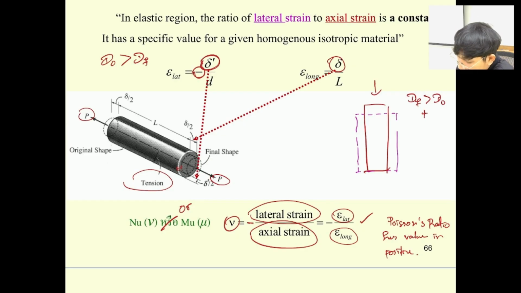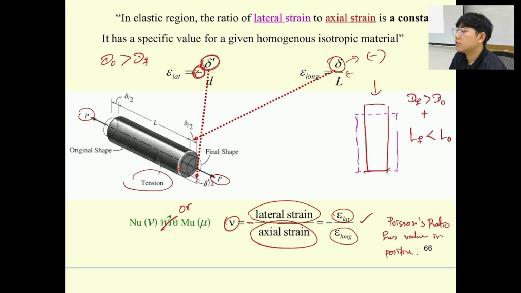But the length in the longitudinal direction, Lf is going to be smaller than L0, which means the deformation over here is going to have a minus sign. So whether you put the minus here or here, it is going to be the same, but one side is supposed to be minus. And everyone just agreed that we put it at the lateral. That is why we put the minus sign with the lateral strain.